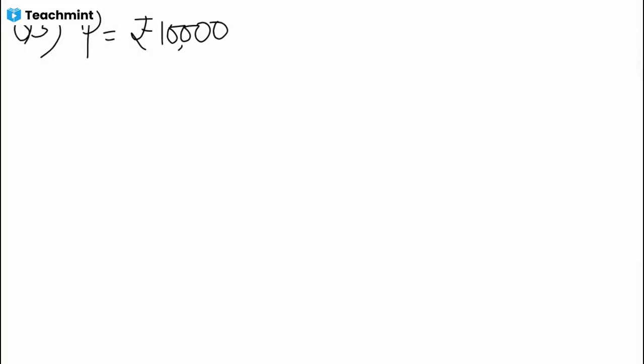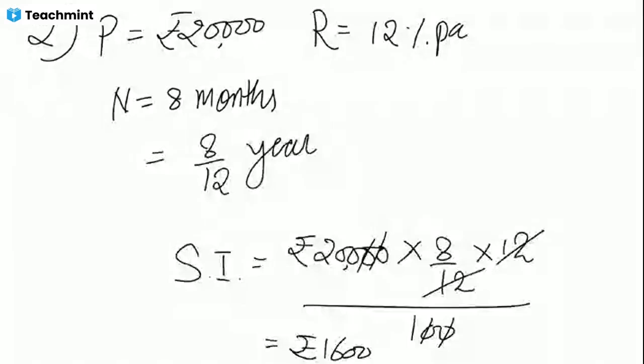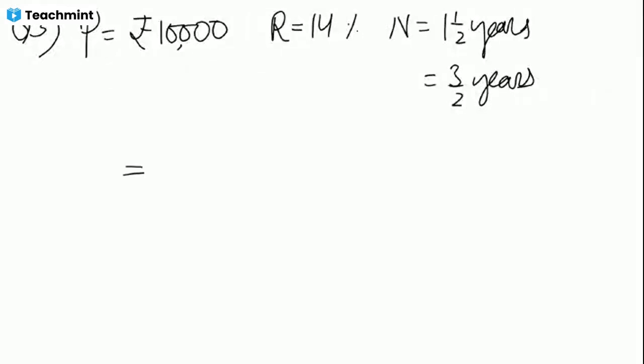P is 10,000, R is 14%, and N is equal to 1.5 years, which is 3 by 2 years. Got it? Just use the fraction rule.